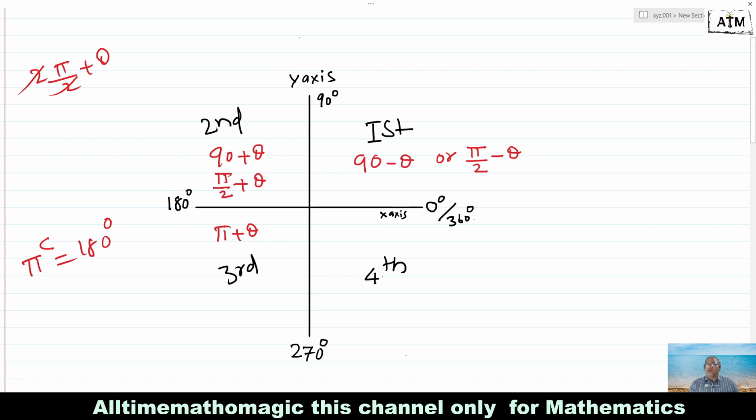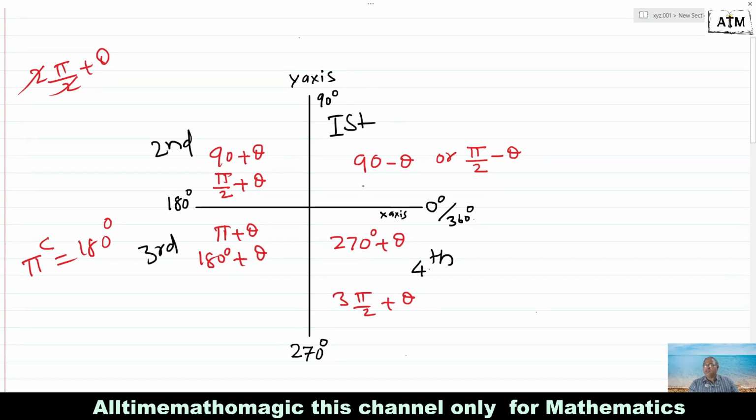Therefore, we take pi plus theta, or we can also write 180 plus theta. In the fourth quadrant, any angle is greater than 270 degrees, so it can be written as 270 plus theta. It can also be written as 3 pi by 2 plus theta.